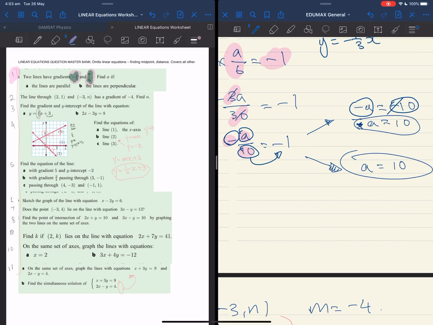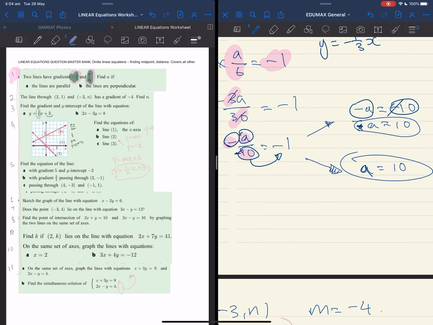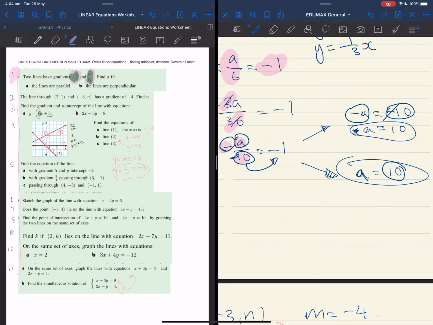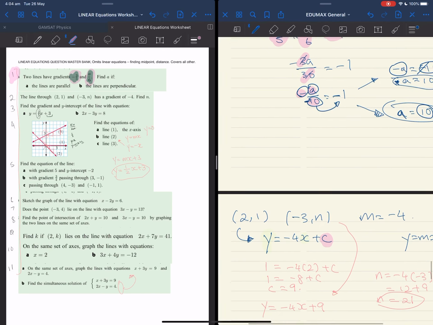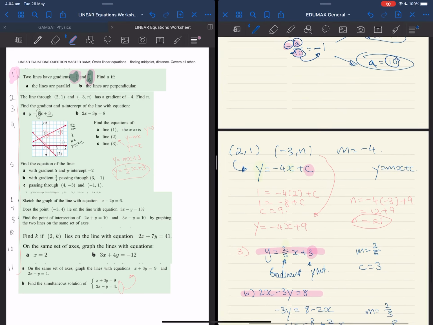What if we consider the negative with the 10 then? Okay, then if we divide both sides by -10, so it'll just be a left, and -1 multiplied by -10 would simply just be 10, right? Because negative and negative would be positive. So you can see it doesn't really matter if it's top or the bottom. Don't get confused with fractions, okay, guys?